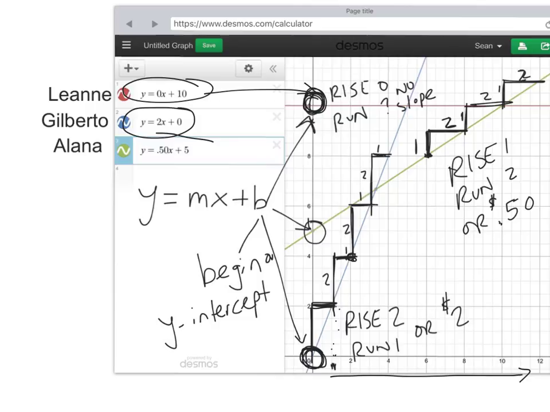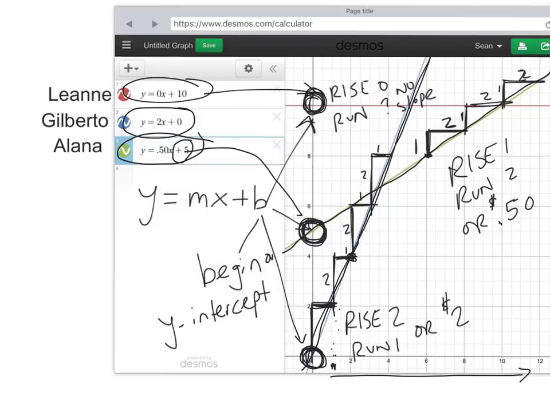The last formula, right here, Alana's, you could see that her slope is more gradual. She's only going up 50 cents. So Gilberto's slope, you could see, is pretty profound. It's going up pretty high, $2 every one. And Alana's over here, you could see, is much more gradual. You could see she crosses at $5. That's where she begins. Okay, so that plus 5 goes right here.